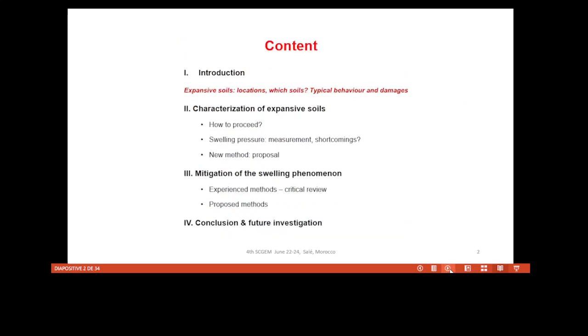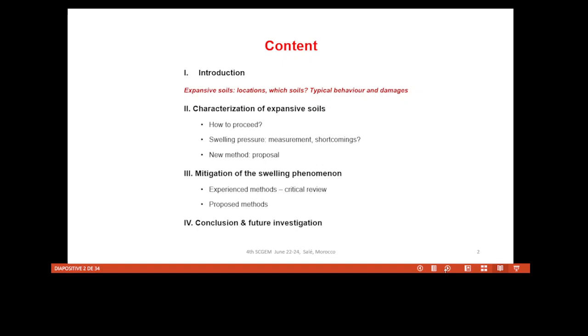The content of this presentation: first, an introduction about expansive soils, their location, which soils are expansive, and their typical behavior and occasional damages. Then we go through the characterization of expansive soils, how to proceed, then the measurement of the swelling pressure and shortcomings, if any.